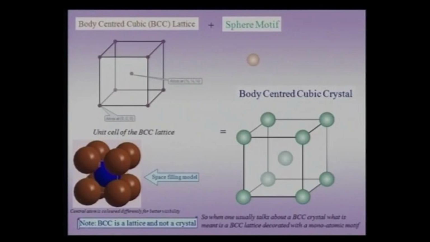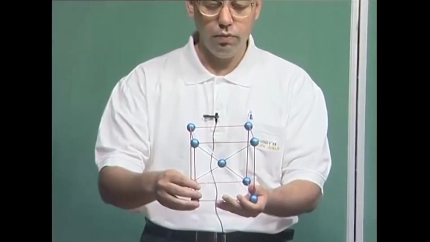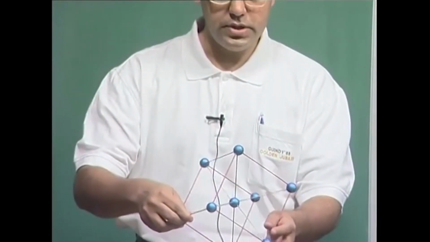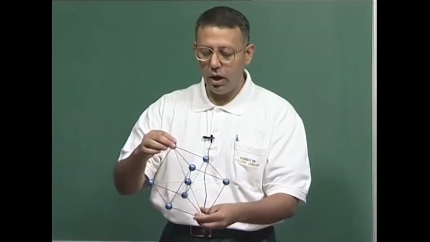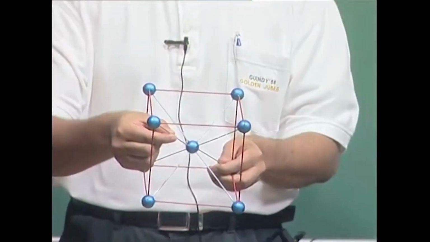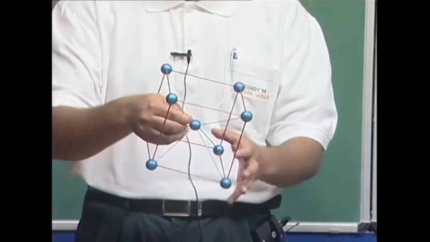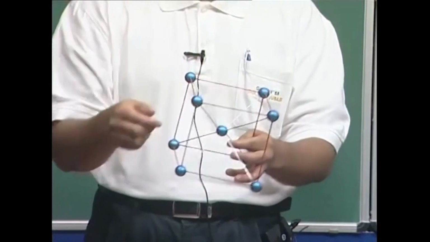So, let me show you a physical model of the BCC crystal. So, this is my ball and stick view of the BCC crystal. In this case, I have to assume that these spheres are atoms and the unit cell edges are marked in red, and these other strands perform two functions.